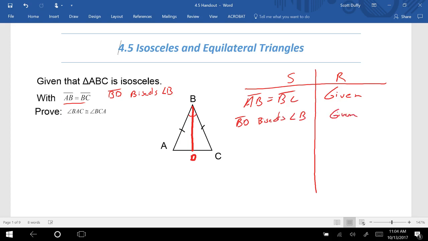And then I'm going to say that angle ABD is congruent to angle CBD, because that's this angle and this angle, because of the definition of angle bisectors.